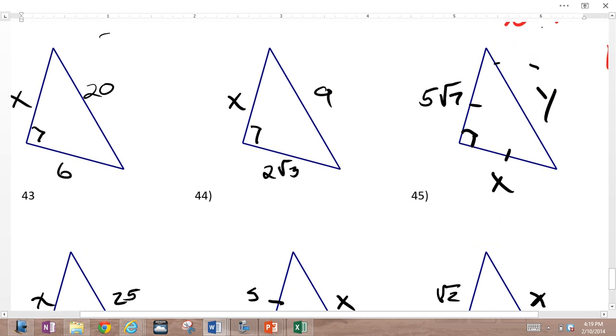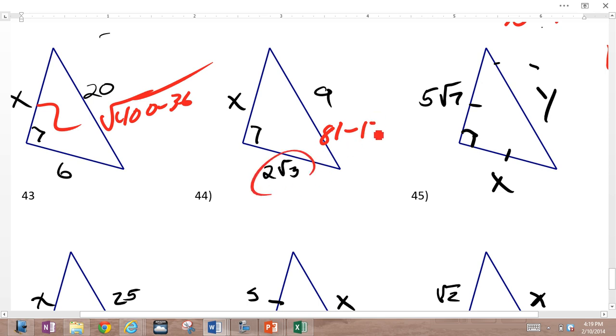Okay, so you got to go through Pythagoras here. So that's going to be what? The square root of 400 minus 36. So you can figure that. This, of course, you got to go through Pythagoras and just say, well, what? It's 81 minus 2 root 3 squared, which is 12.